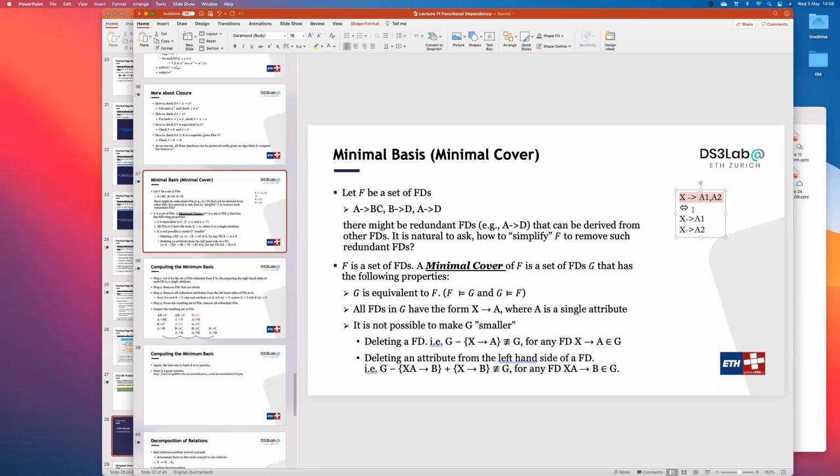Okay, so that's a good question. So I need to adjust my slides to reflect that. I understand your question now. Whenever we are doing, for example, the third normal form, we are taking the minimal basis and we do the synthesis algorithm.